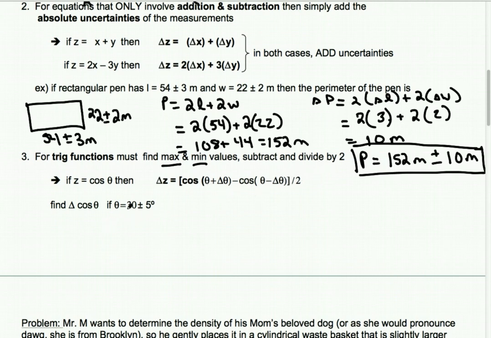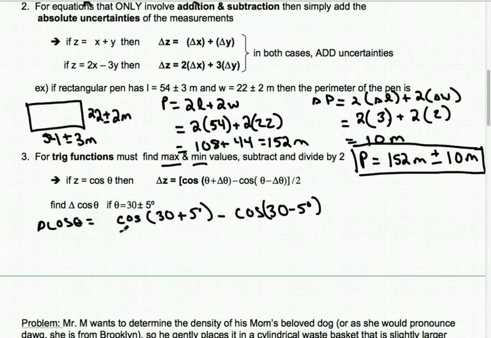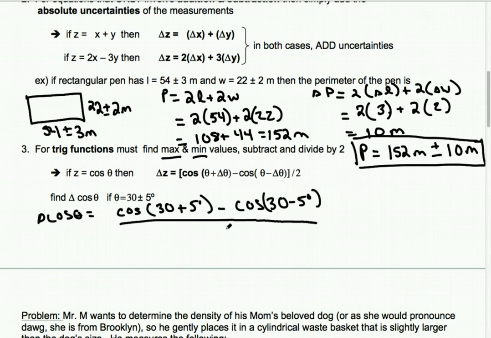So if we're trying to find your uncertainty in cosine theta, what we want to do is take cosine of the angle, so in this case 30, and add the uncertainty, plus 5 degrees, and then subtract cosine of 30 minus 5 degrees, and then take that all and divide that by 2.